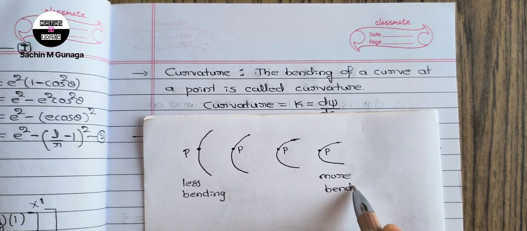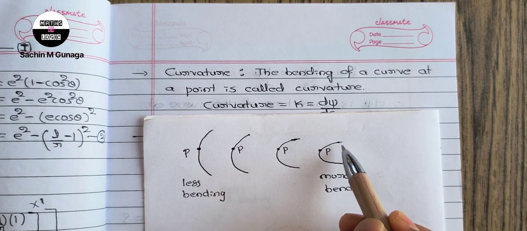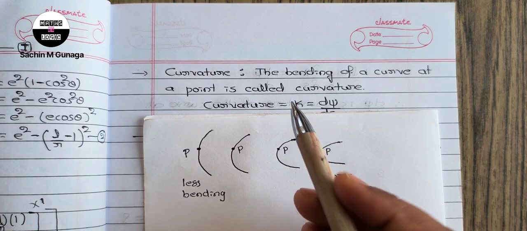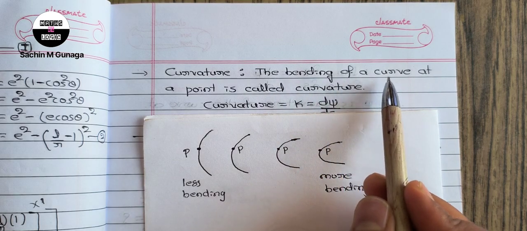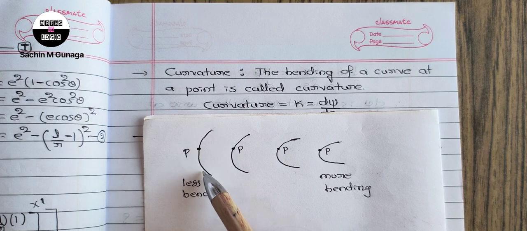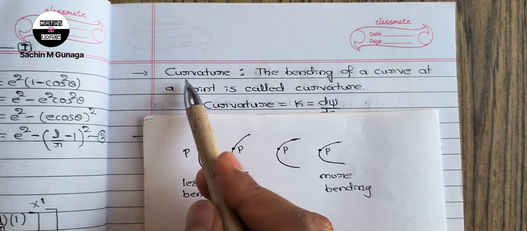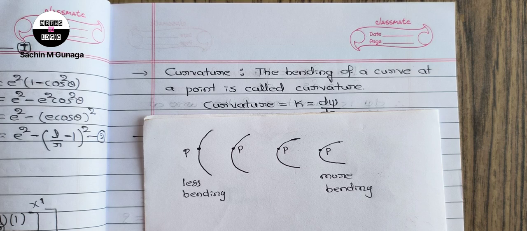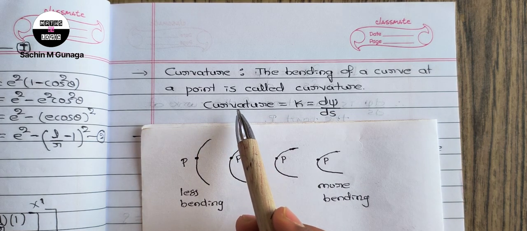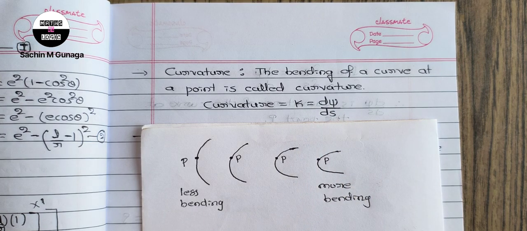Clear? Therefore the bending of a curve at this point P is what we call curvature. Later on we will see why curvature is d psi divided by ds.